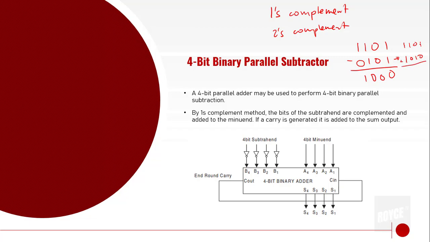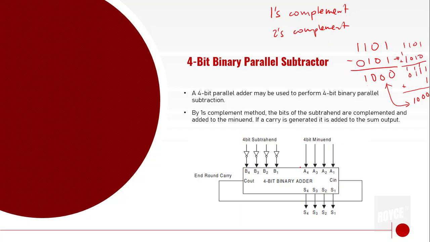Pag in-add natin sila, may carry 1. Sa ones complement method, yung carry, i-add mo pabalik. So, yung carry 1, i-add mo pabalik dito. Ayan. So, 1 plus 1, 0, carry 1. 1 plus 1, 0, carry 1. 1 plus 1, 0, carry 1. 1 plus 0 is 1. So, mapapansin nyo, the same lang itong dalawang ito. That is ones complement method.